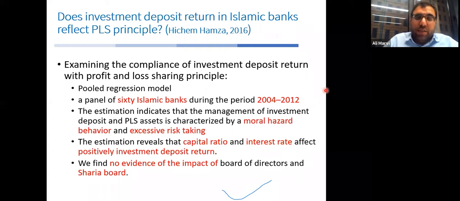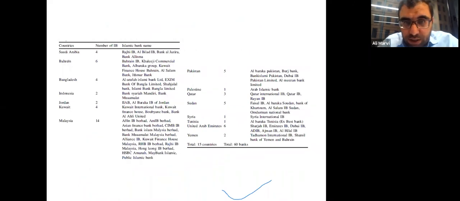That indicates that what is executed based on PLS contracts is somewhat different from what is designed in the theoretical literature.